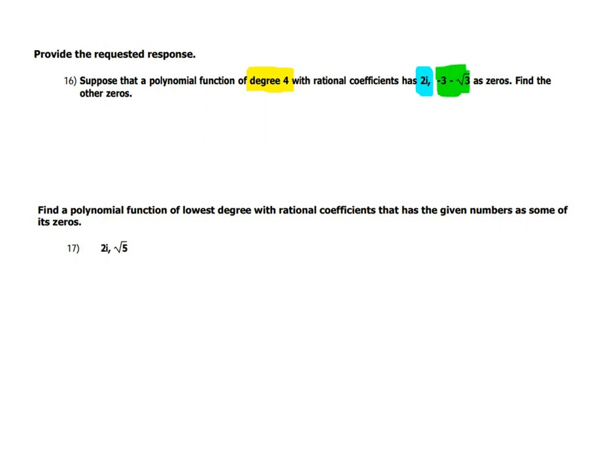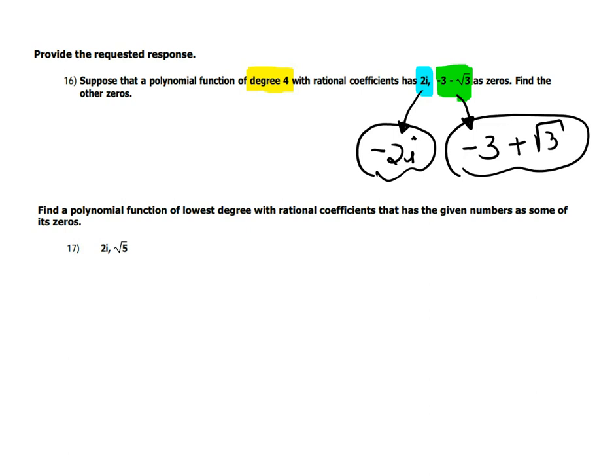And then you have to remember there was a rule that said if an imaginary number was in there, then its conjugate would be, so it's also going to be a negative 2i, and then the same thing with the irrational numbers. So if negative 3 minus the square root of 3 is one of your zeros, then its conjugate, negative 3 plus the square root of 3, is the other one.